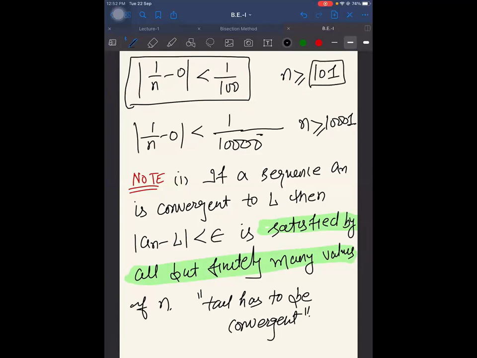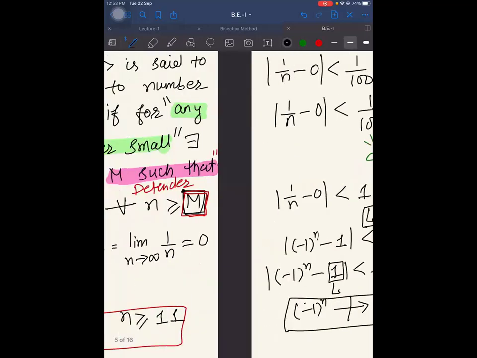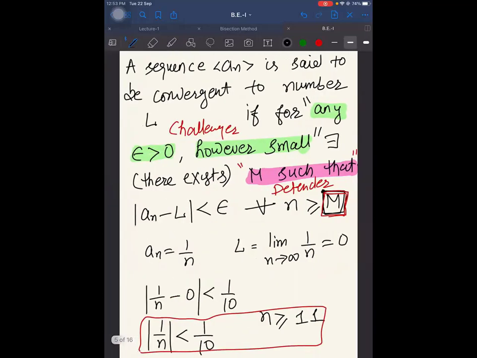If there are some finitely many terms which are not behaving, how many? Before M. So before M is the head of the sequence. If the head of the sequence is not satisfying this particular inequality, then it's fine. Here 10 terms are violating this inequality. That means we don't care about the head.